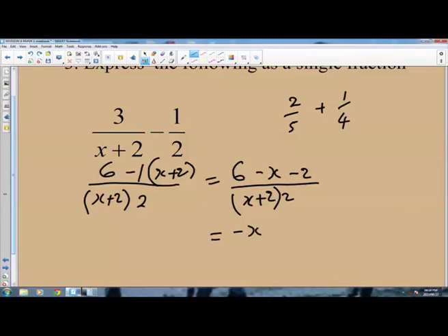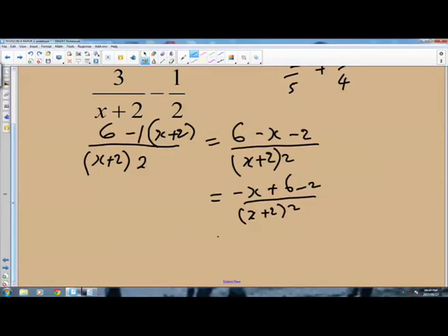Minus x plus 6, because the sign for the 6 here is positive, so it's plus 6 minus 2, divided by x plus 2 times 2. Then simplify. Minus x, 6 minus 2 is 4, so it's positive 4. So it's minus x plus 4 divided by 2 times x plus 2.